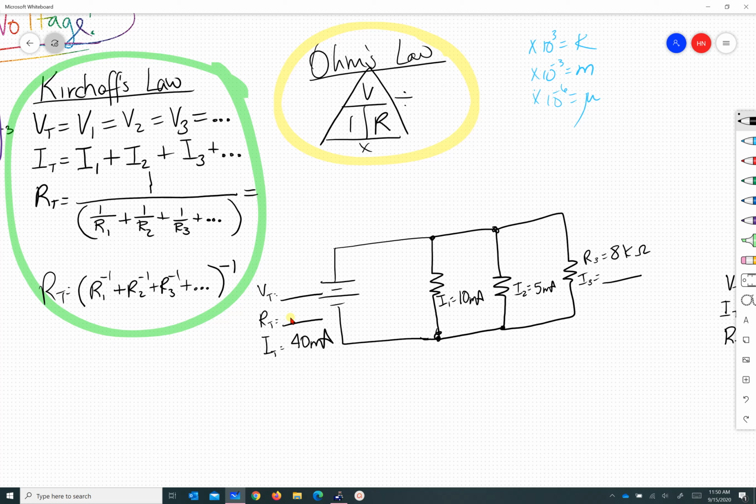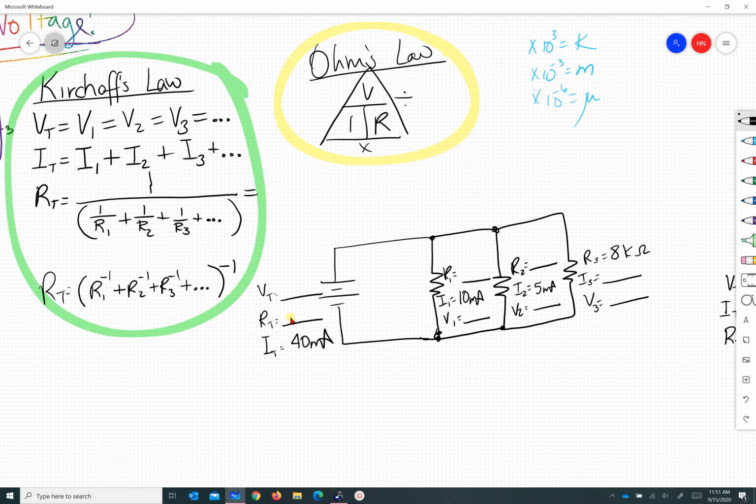This is a little tricky. So what's missing? I'm missing the voltage of the third device. I'm missing the voltage of the second, the voltage of the first, and I'm also missing the resistances of these 2 devices. So we have some blanks, but they're slightly different. They're not quite the same as the first example. Okay, so let's see what we know and what we don't know.